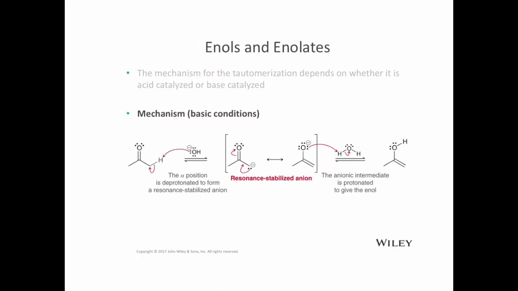In base, those two steps are reversed. The strong base will deprotonate the hydrogen on the alpha carbon to form an enolate, and then those two electrons form the carbon-carbon double bond, simultaneously breaking that pi bond, and then that oxygen gets protonated with water.